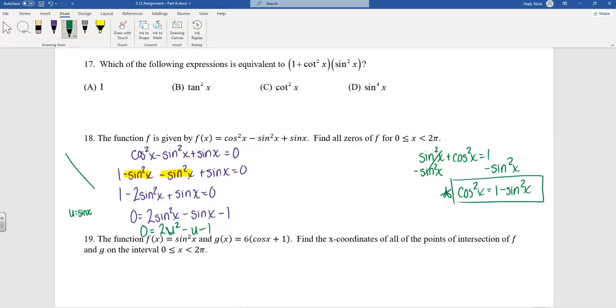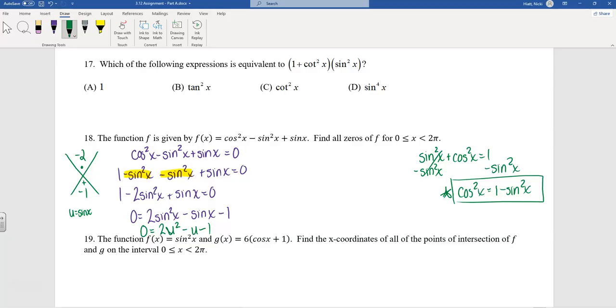That we could just factor like the X method factoring, right? It is a little bit tougher because it's got the 2 in front of our squared term, but we're just going to do 2 times negative 1. That's going to give us negative 2. We are going to try to add to get the middle term, which is a negative 1.